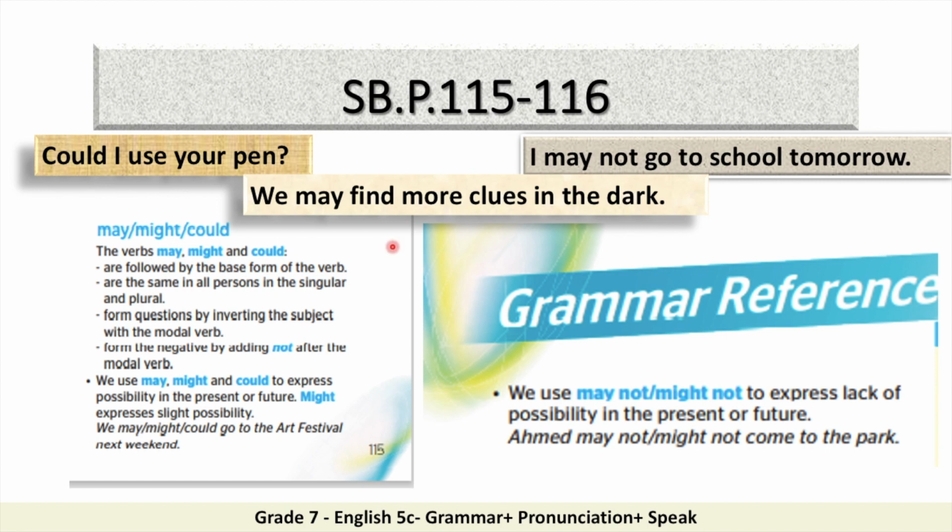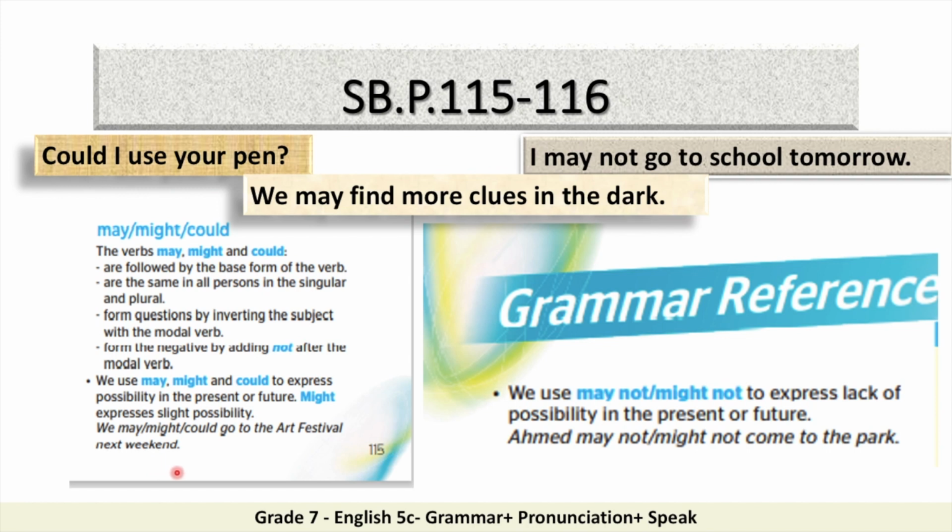Okay. We use may, might, and could to express possibility in the present or future. Might expresses slight possibility. For example, we may, might, could go to the art festival next weekend.